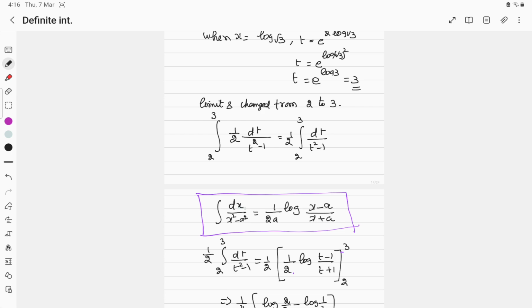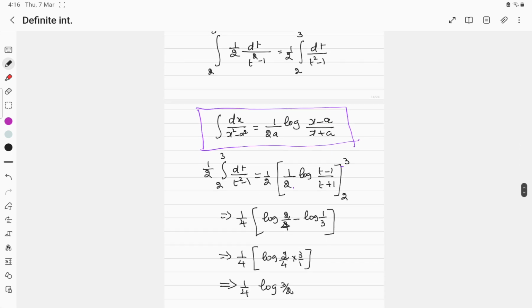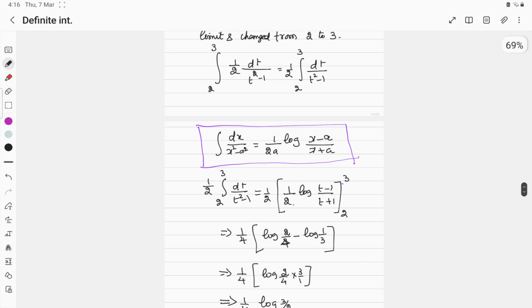This is in the form integral dx by (x square minus a square) is equal to 1 by 2a log((x minus a) by (x plus a)). Here x is equal to t, a is equal to 1. Substituting the values, we get 1 by 2 into half log((t minus 1) by (t plus 1)).